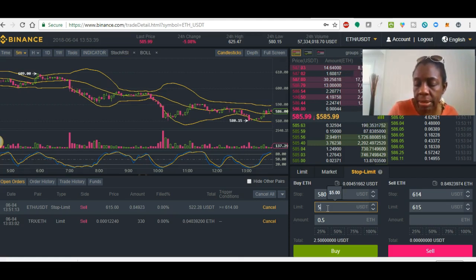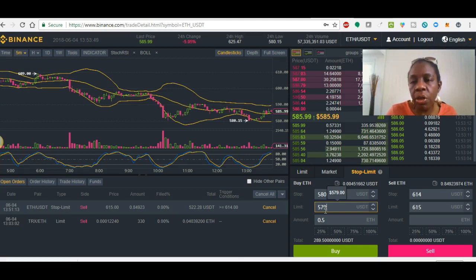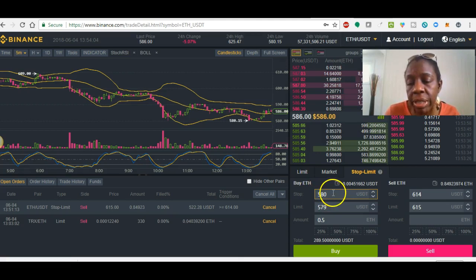You don't want to be too far down because you don't want a situation where you set the price so low it doesn't even get to it and it bounces back and starts heading upwards. So you kind of want to set the limit price pretty close to the stop price, just to ensure that your order gets filled.